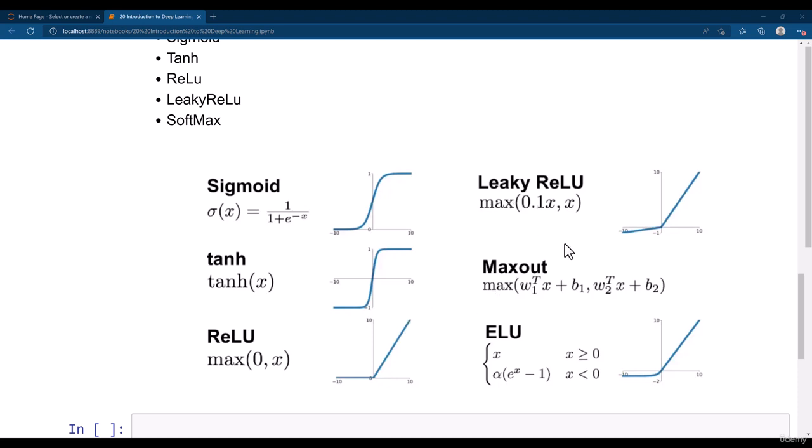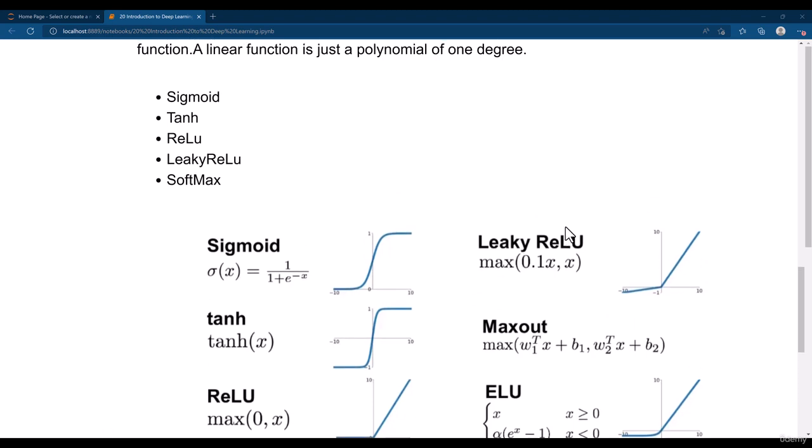There is another type of algorithm, the leaky ReLU. So what was the problem with ReLU? The problem was that when the value is negative, the output becomes 0. That was creating a problem during the learning of the deep learning model. Just to avoid that problem, the leaky ReLU was developed.